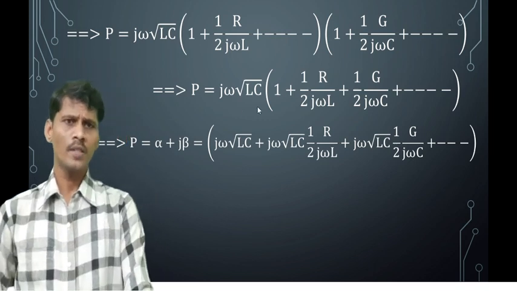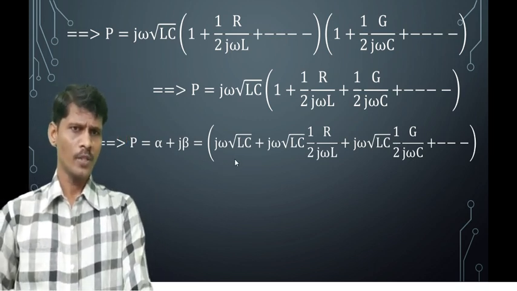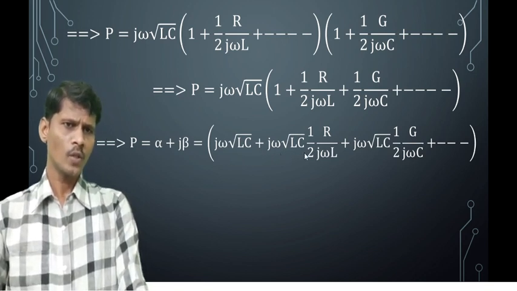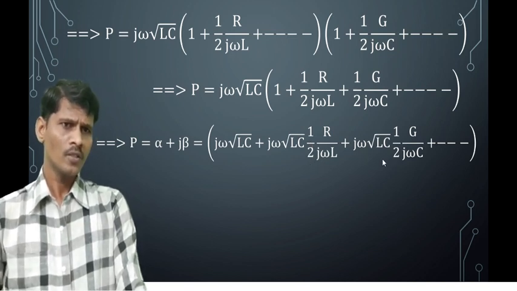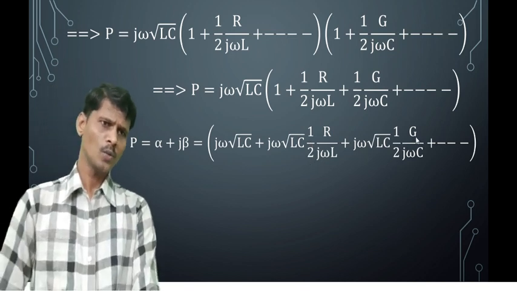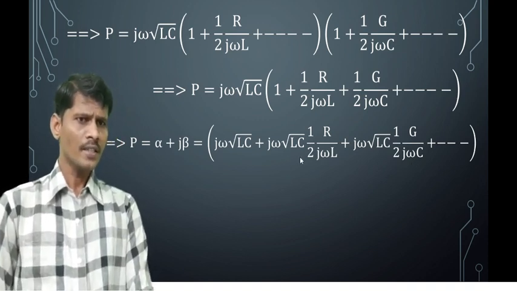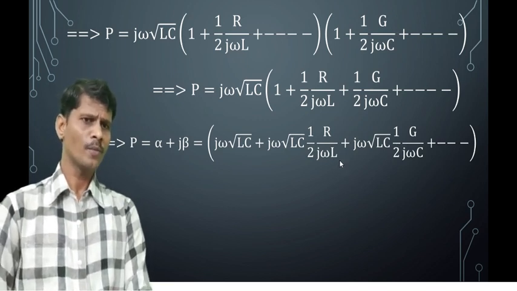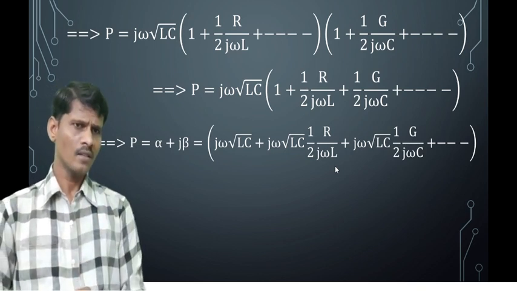Multiplying j omega square root of LC within the bracket term, we get this equation: j omega square root of LC plus j omega square root of LC into R by 2 j omega L plus j omega square root of LC into G by 2 j omega C. In second term, in the denominator term, L is written as square root of L into square root of L. Numerator and denominator, one square root of L is cancelled.